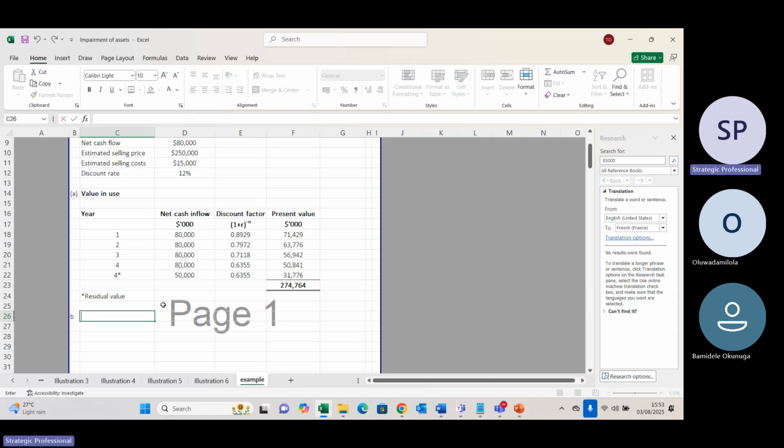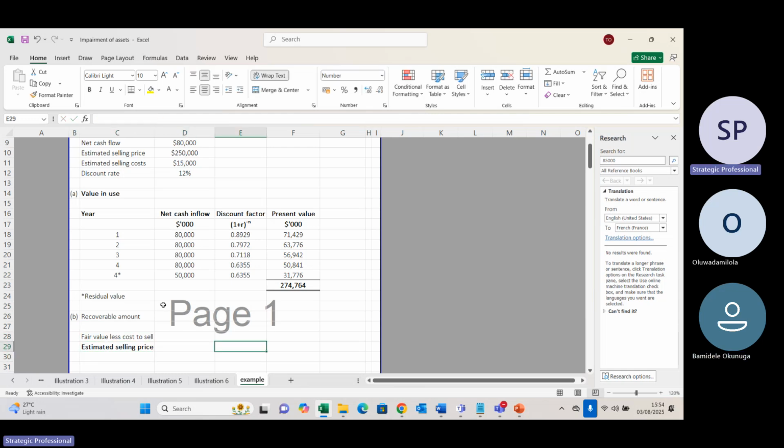Then the next one is the recoverable amount. To get our recoverable amount, our fair value less cost to sell, right? What is our fair value? Estimated selling price, right? Yes.